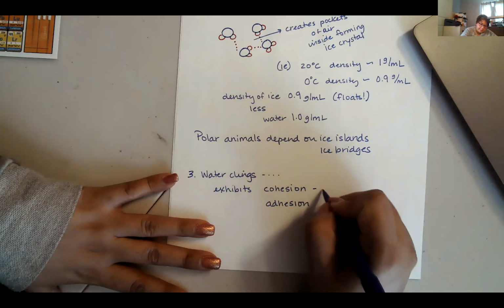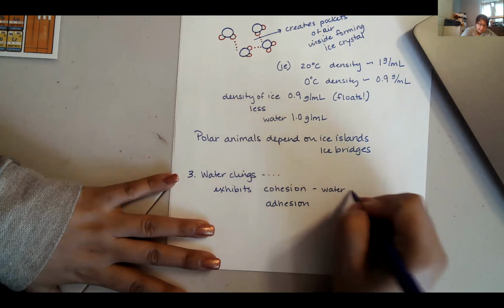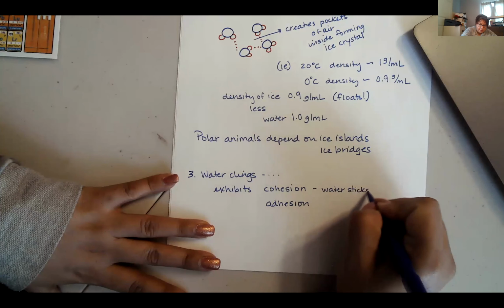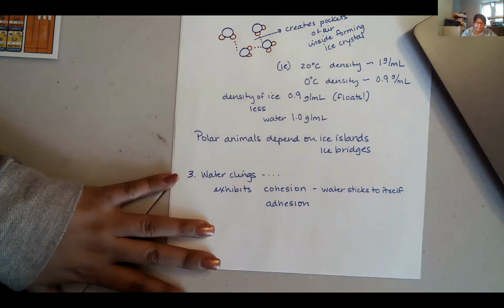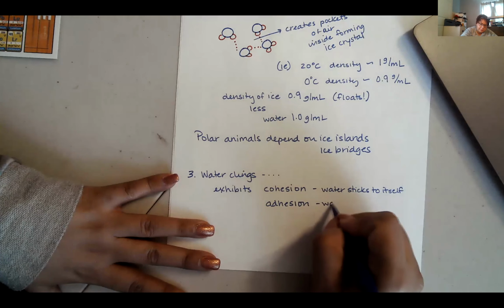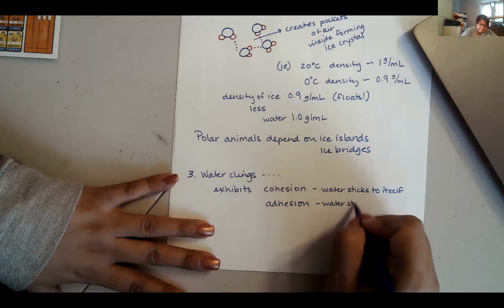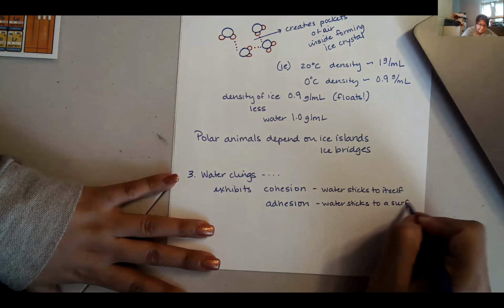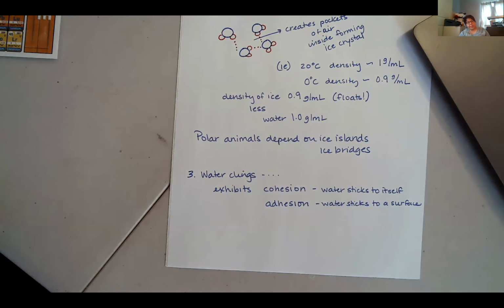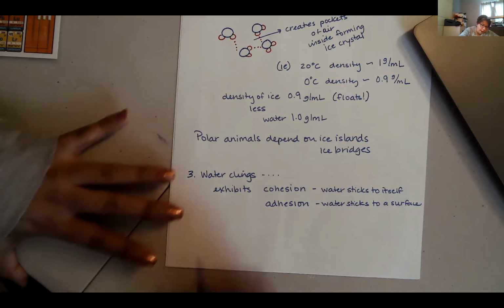Cohesion means that water sticks to itself. Adhesion means water sticks to a surface. So cohesion is water sticks to itself. Adhesion means water sticks to a surface. And this is kind of like our diagram for ice.